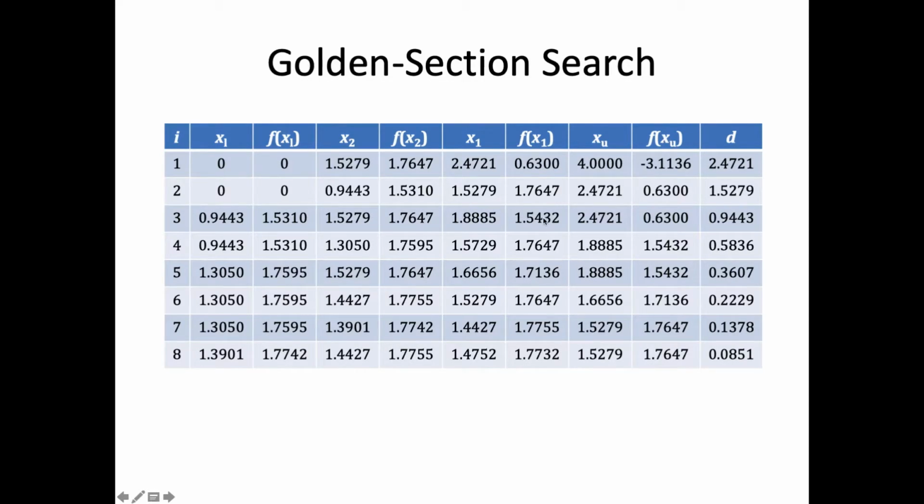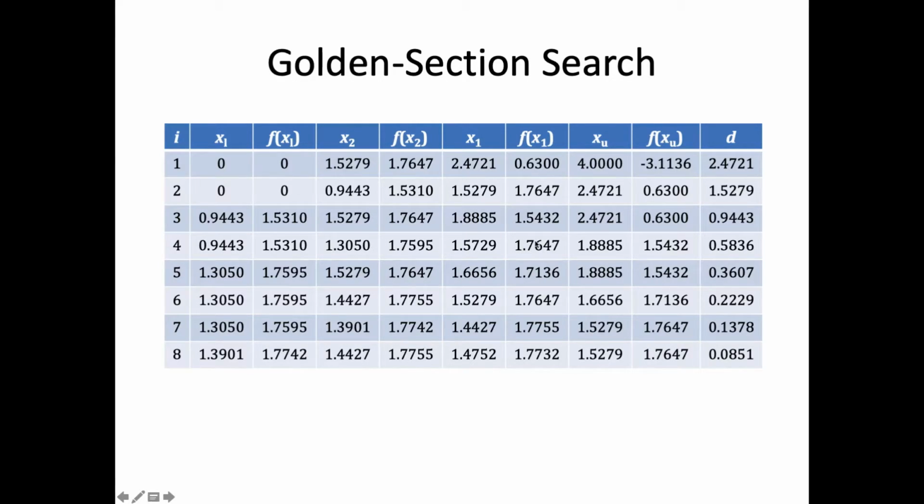Here, f of x2 is greater than f of x1. Now, we replace xu with x1. So in the fourth iteration, we have xu equal to the former x1. So again, we evaluate x1 and x2 using the golden ratio method, and then also evaluate f of x1 and f of x2, and compare which is higher.